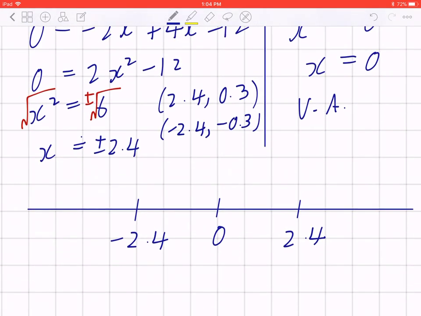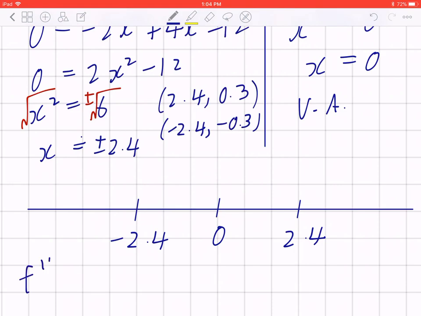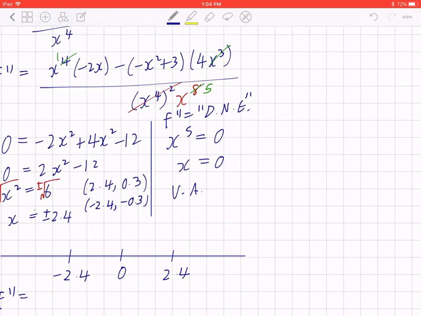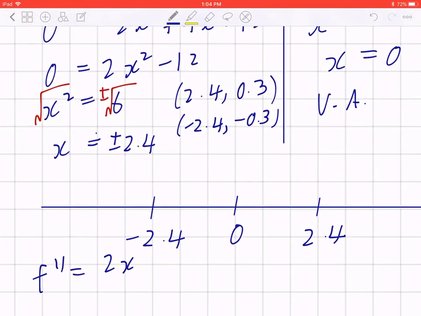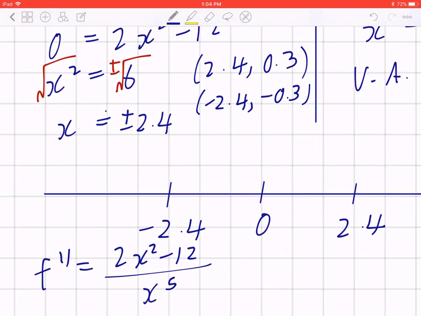Again, you can take the calculator and work this out. Maybe I'll do some of these with you just to make sure you see what I'm doing here. When you look at f double prime, this equals 2x squared minus 12 divided by x to the power of 5. Okay, so for example, let's say I pick a number less than negative 2.4.